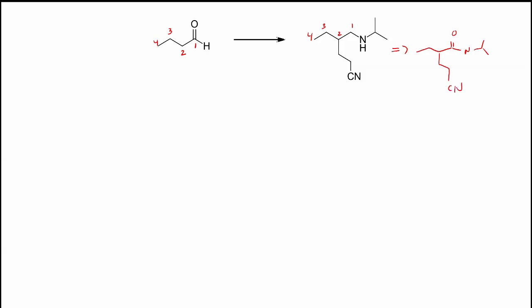Once you have that carbonyl in there, you can look to what could have happened. And what I noticed is that this carbon here, where that CN chain is added, is at an alpha carbon. So I might want to do some alpha carbonyl chemistry there. And then the amine could have been made using an acid chloride or something like that, or the amide here before it was reduced.